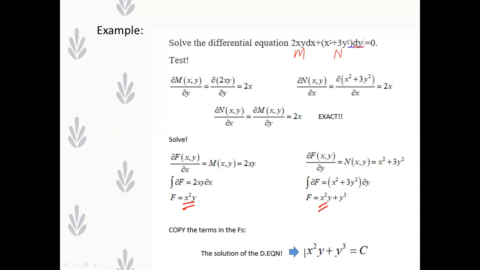So what we do, class, in this particular method is we pick out the terms that are common, and that would be x squared y, and also the terms that are not common. So the y cubed is also appearing here, so you copy it. And then just simply affix on the right side of your solution C, which is your arbitrary constant. So the solution of this differential equation originally given to you is this one already.